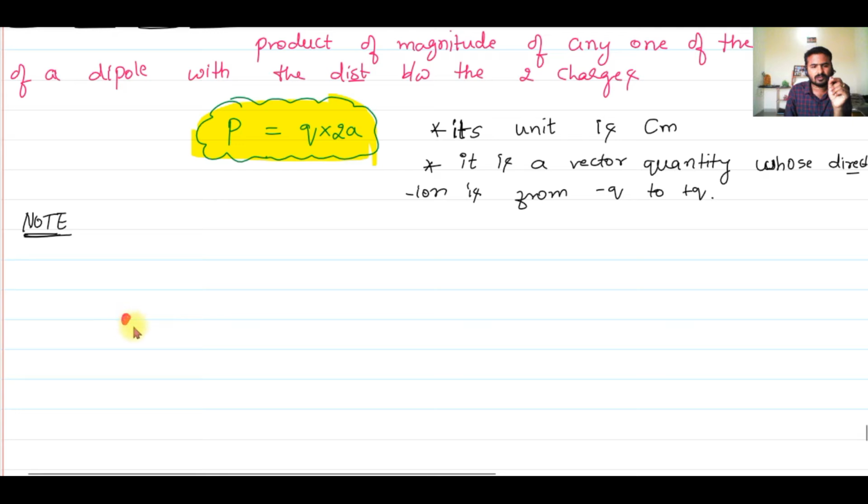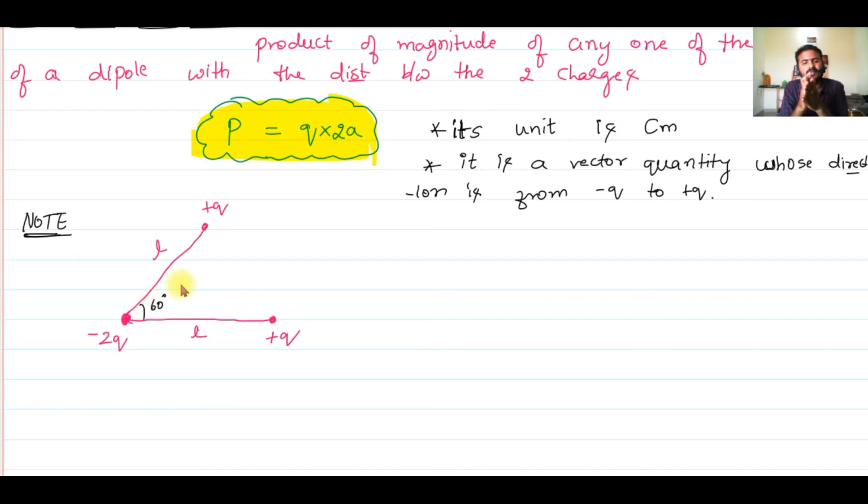Here you have a minus 2q charge, and here you have a positive charge q, and here you have plus q. They have told us that the distance between these two charges, here it is L and here also it is L. They have given the angle here as 60 degrees. Now they will ask you to find the dipole moment of this system of charges.